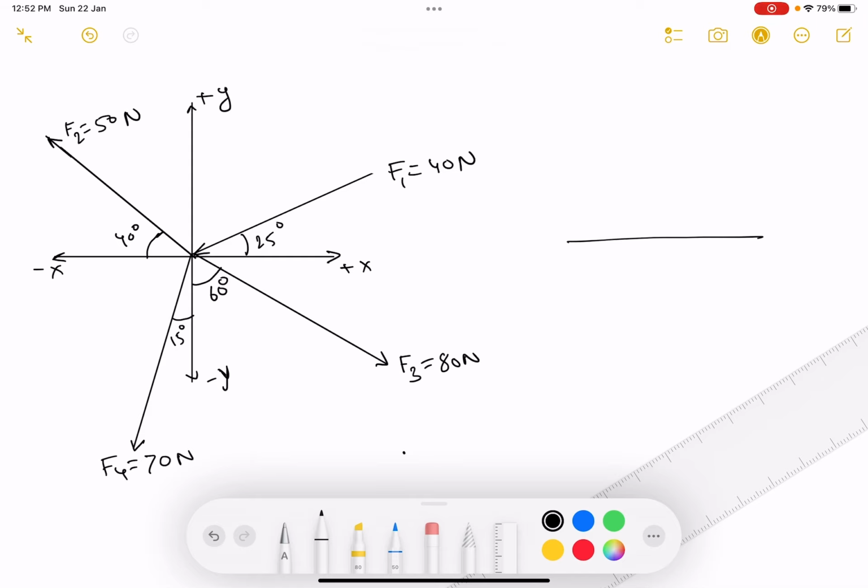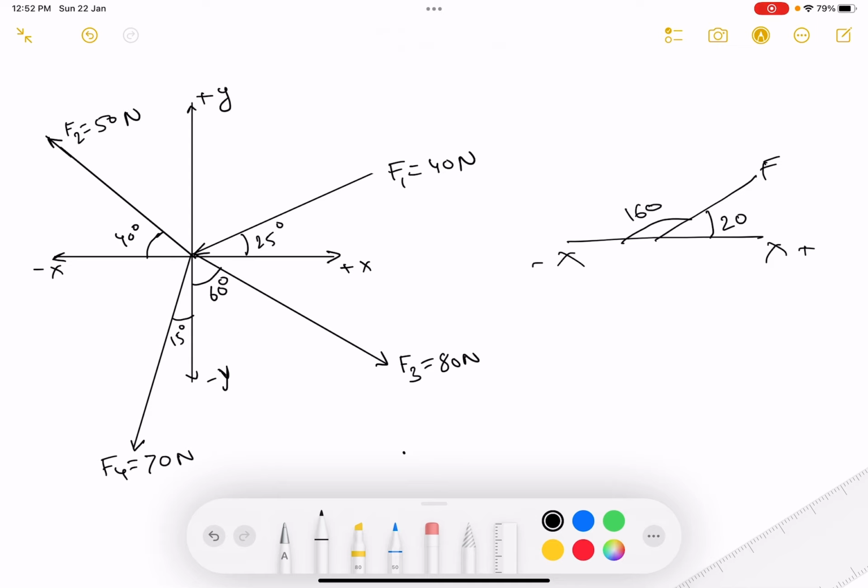Suppose this is the x-axis, this is x negative, positive, etc., and the force F is making an angle of, say, 20 degrees, and obviously the other angle which it makes with the x-axis is 160 degrees. So one is a small angle, another is a bigger angle. We are always going to consider the smaller angle, and this is what you should always remember.